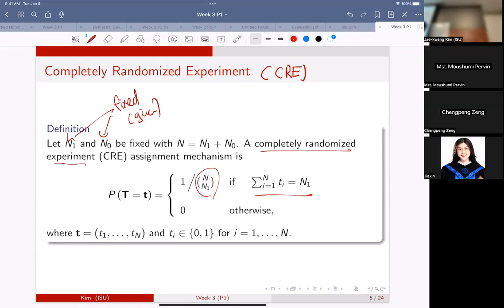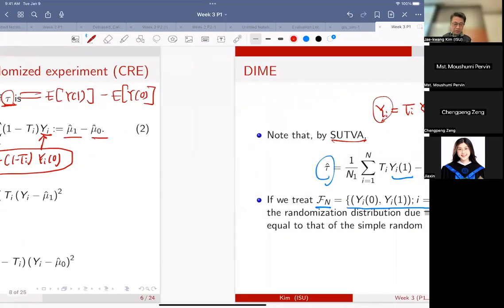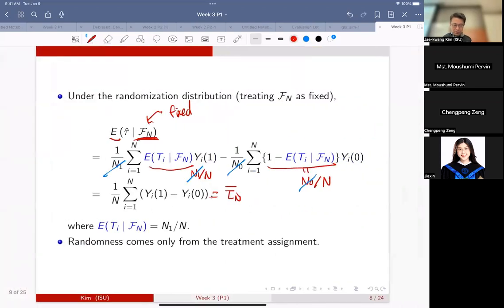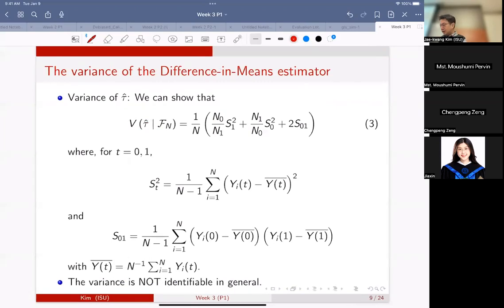But in the context of an experiment, it's completely under our control. We randomize, and so we determine who is going to be in the treatment group and who in the control group by using the design.